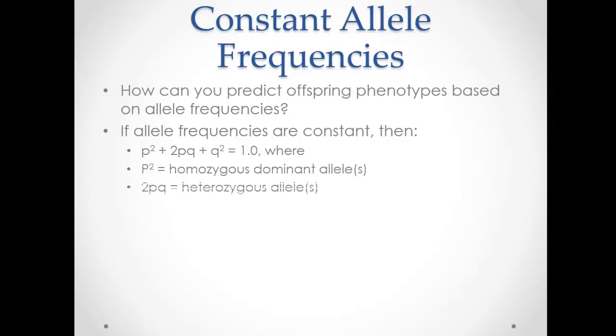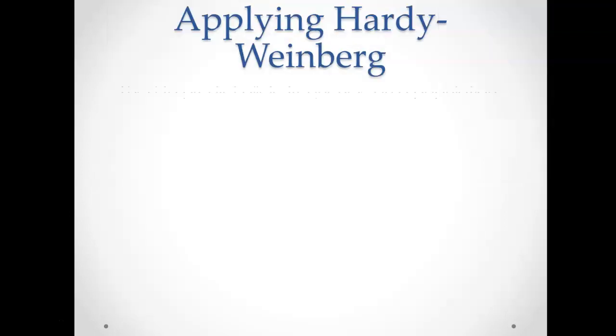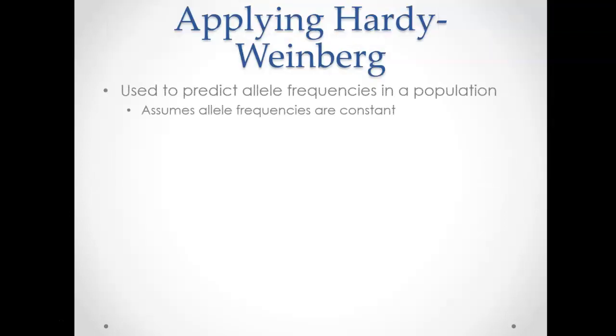That fancy math, and I'm not going to go into it too much, is called the Hardy-Weinberg equilibrium. What Hardy-Weinberg equilibrium means is that we can predict offspring phenotypes. So we can predict what's going to happen in the next generation by looking at the frequencies of alleles in the parent population. This is interesting, to say the least, and there's some fancy math that we can do. But the problem with Hardy-Weinberg is allele frequencies aren't constant in populations.